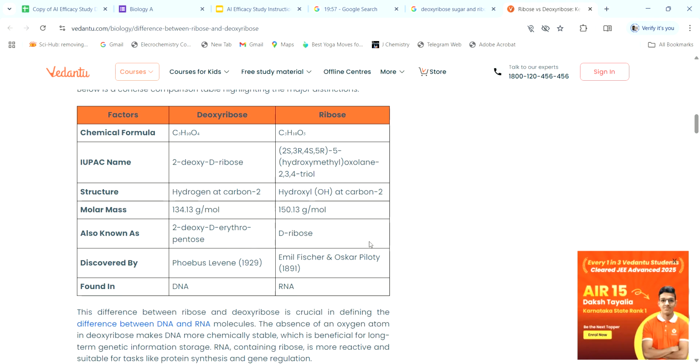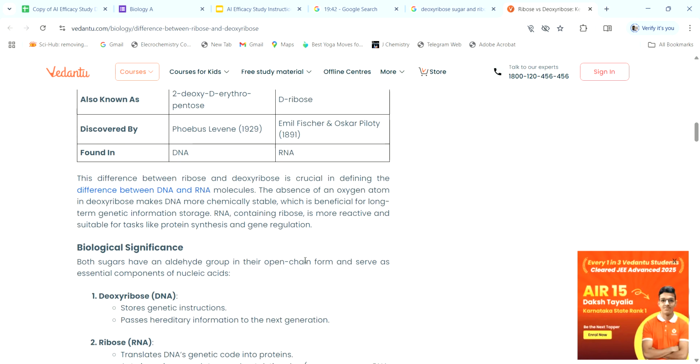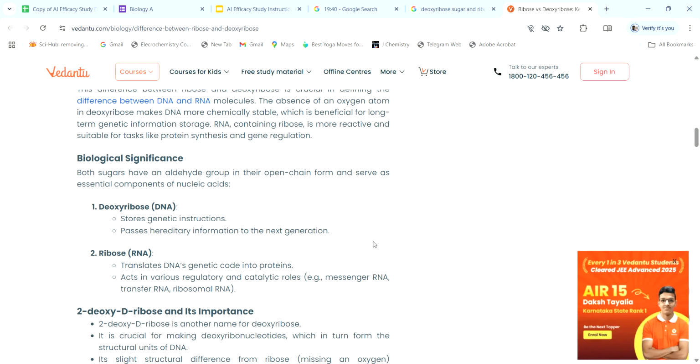Deoxyribose was discovered by Phoebus Levene, and ribose was discovered by Emil Fischer and Oscar Piloty. One is found in DNA, the other is found in RNA. So this is the key difference, and the main point is that both sugars have an aldehyde group in their open chain form and serve as essential components of nucleic acids.